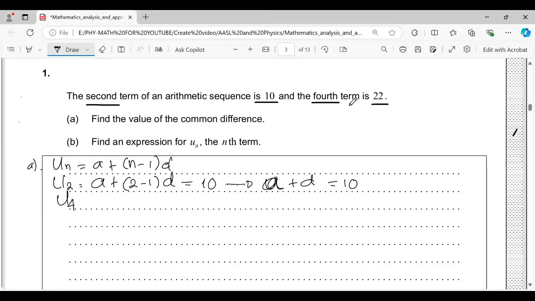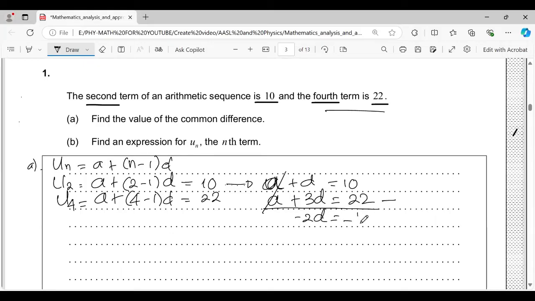Meanwhile, u4 equals a plus 4 minus 1 times d equals 22, and it becomes a plus 3d equals 22. Subtracting, 0 minus 2d equals minus 12, so d equals minus 12 over minus 2, which is 6. So the common difference is 6.